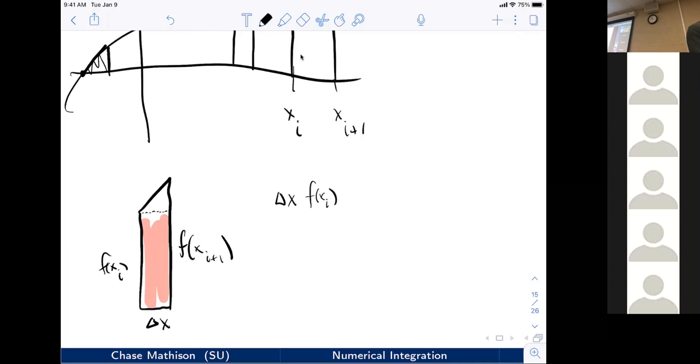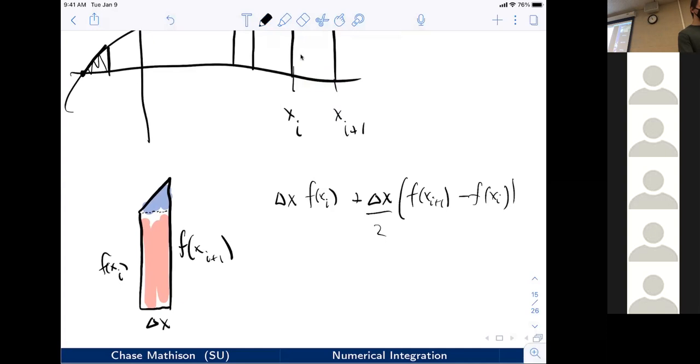And then the area of this triangle, in blue, is plus, well, it has a width of delta x as well, and it has a height of f of xi plus 1 minus f of xi. And then with the area of a triangle, you divide by 2, right? Base times height divided by 2.